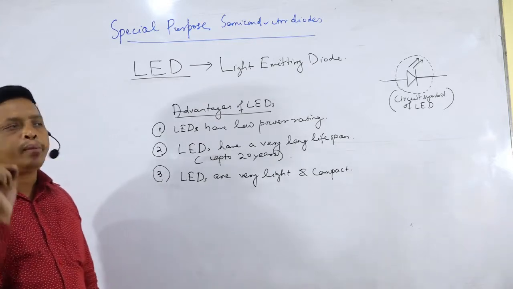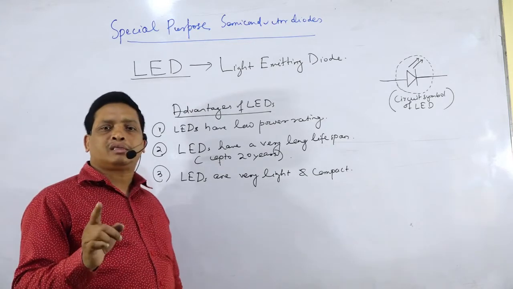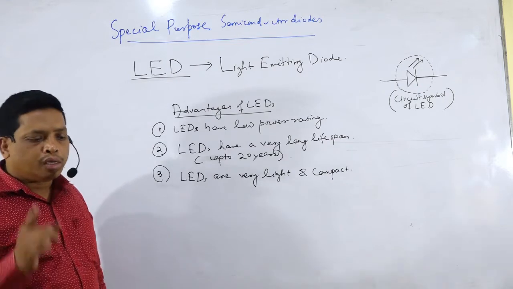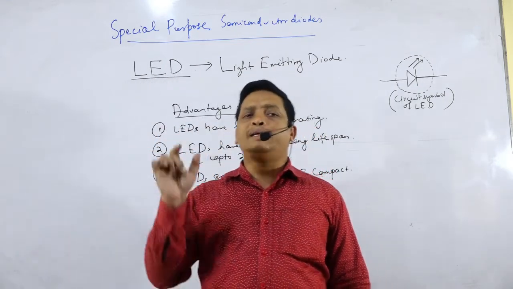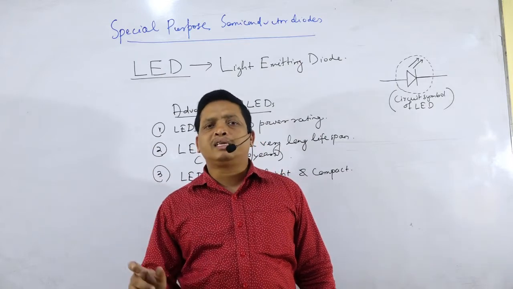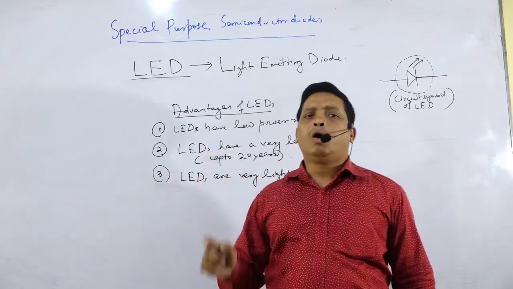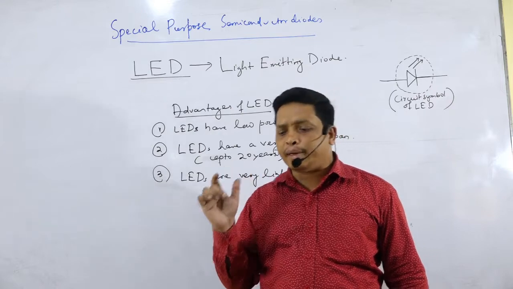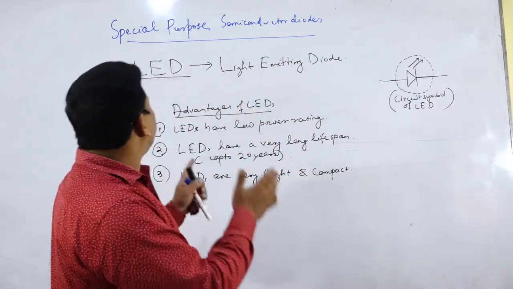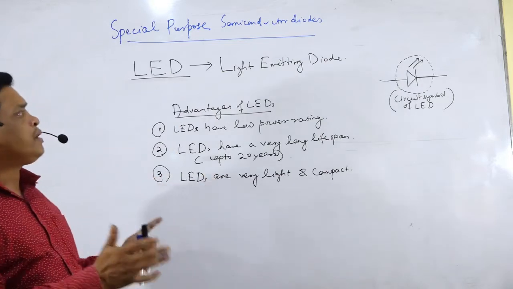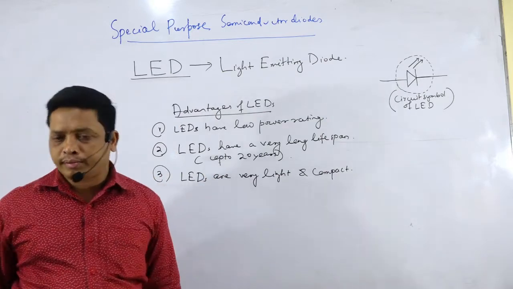And you have to remember the circuit symbols. You will be asked the question: draw the circuit symbol of a Zener diode, draw the circuit symbol of a photodiode, or draw the circuit symbol of a light emitting diode. So we have finished up the special purpose semiconductor diodes.